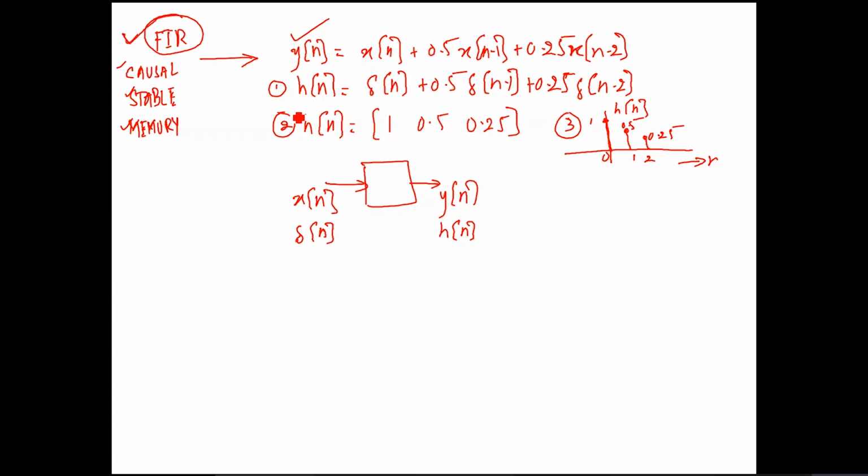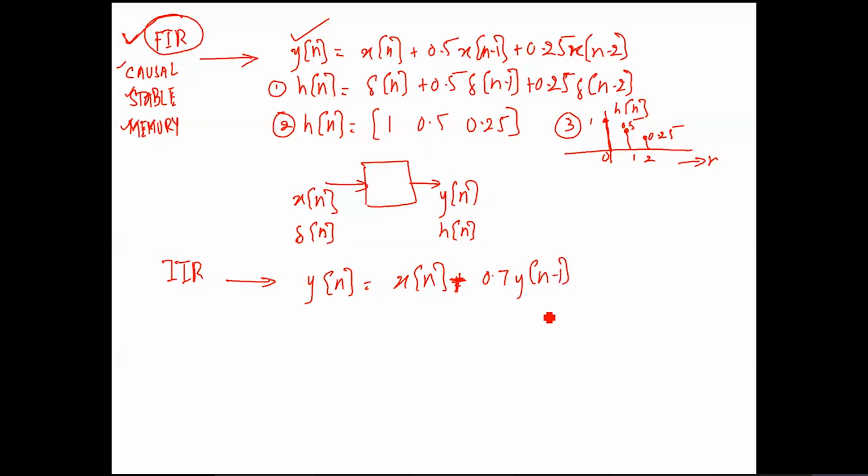Now this type of thing is not possible if you have an IIR. Why is that? Because for IIR you do not have feed forward terms only, you have feedback. At least one feedback term will be there. We saw multiple examples, but just take an example like this: y of n equals x of n plus 0.7 y of n minus 1.